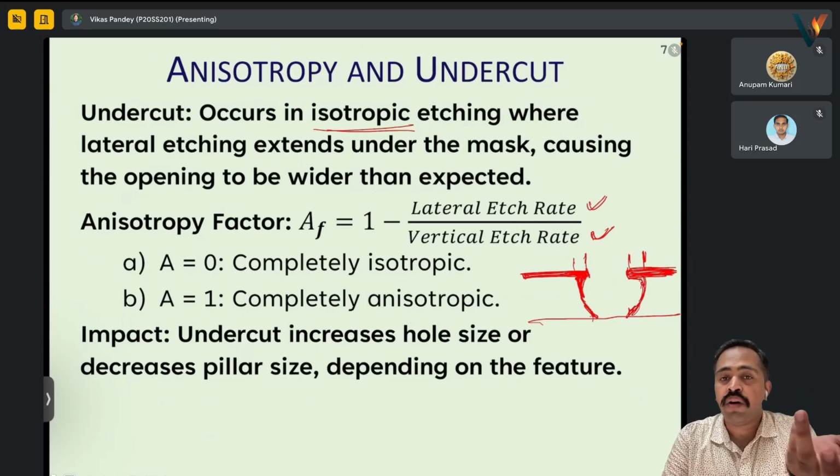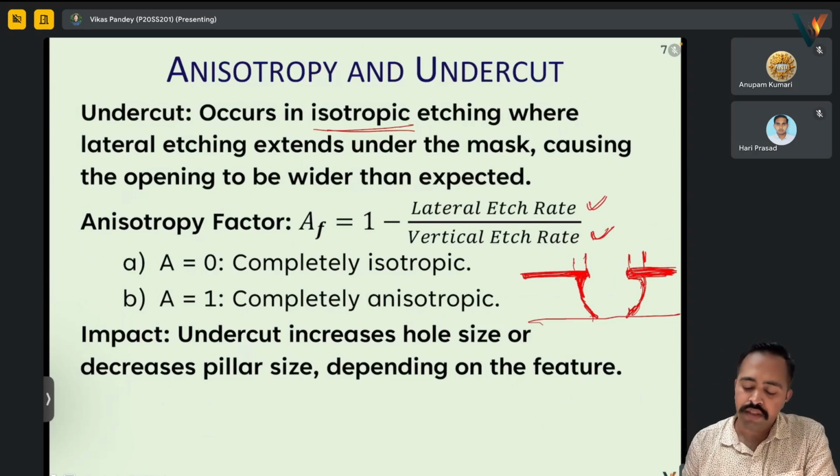And we know how to calculate the etch rate. Yes, anyone? How do we know the etch rate in any direction, say vertical? We have discussed that etch rate is given by delta D upon T.